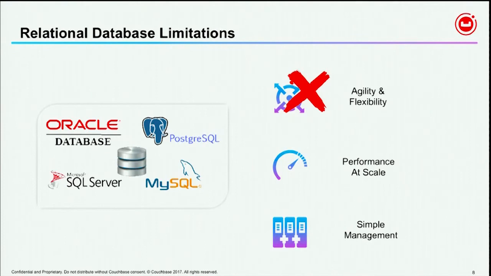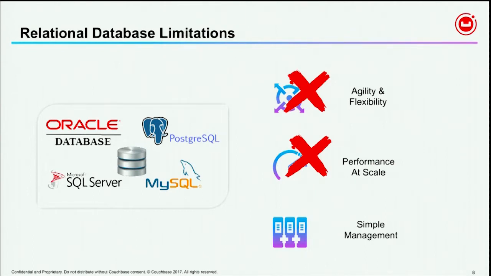So relational databases weren't built for that kind of application development, production, scaling. They have challenges with agility and flexibility because of the rigid schema and underlying implementation of that. The performance is very, very challenging to manage at any sort of scale, either extremely expensive because of the hardware requirements or extremely complicated in terms of replication and geo replication and whatnot.